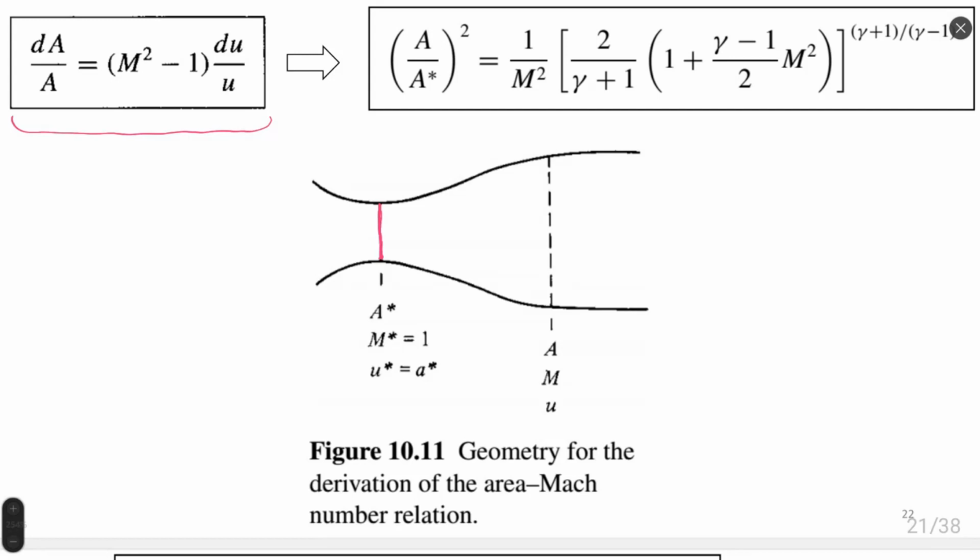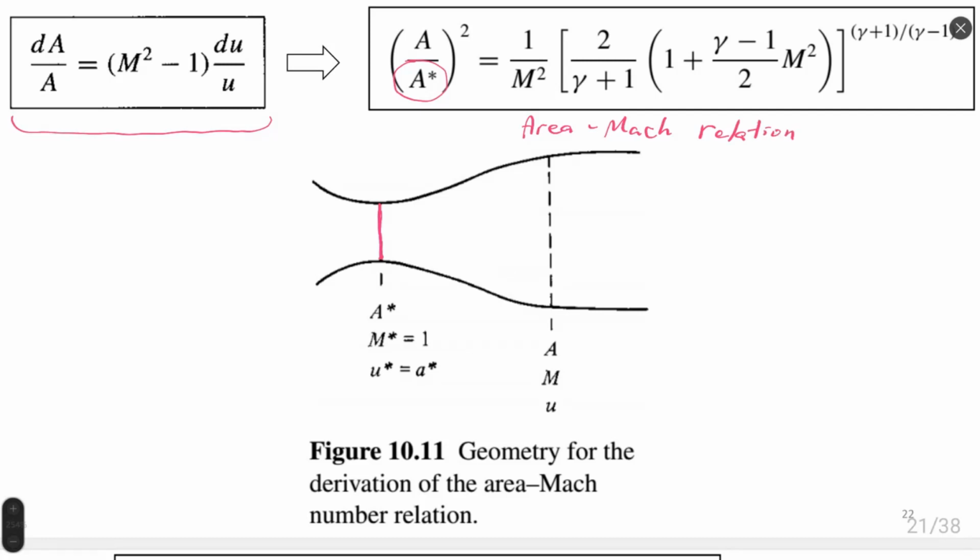This characteristic cross section, A asterisk, is utilized in the solution of the flow equation in the nozzle. This equation here on the right we call the area Mach number relation. Okay, I will write down here: area Mach relation.